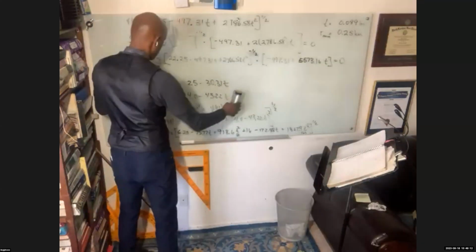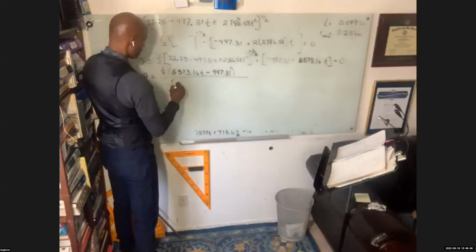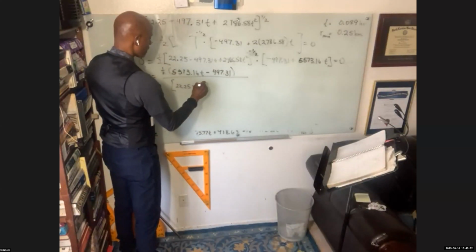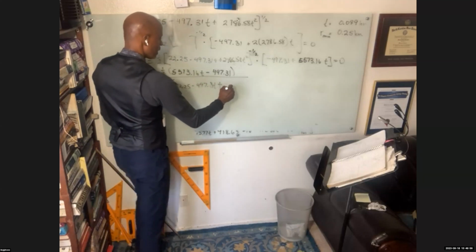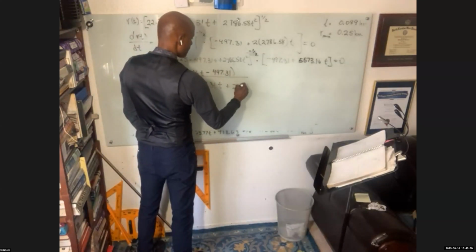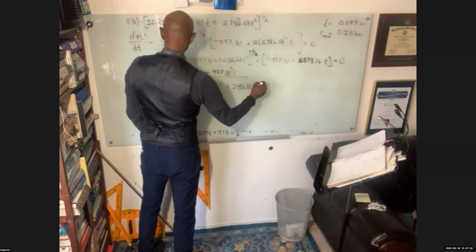Because that just divides out the 1/2. Your dr over dt will be 1/2 times what you're writing right now, and then over the square root of 22.25 minus 497.31t, and then plus 2,786.58 t squared, and all of that equals 0.